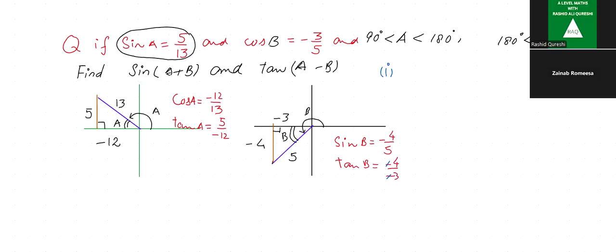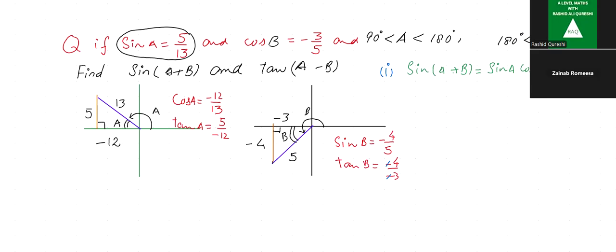So I have to find sine of A plus B. According to the formula that I explained very first, the compound angle formula, I have sine of A and cos of B. The plus sign will remain plus and the minus sign will remain minus. You have to change the angles: A becomes B and B becomes A. So you have to write the sine of B and cos of A.